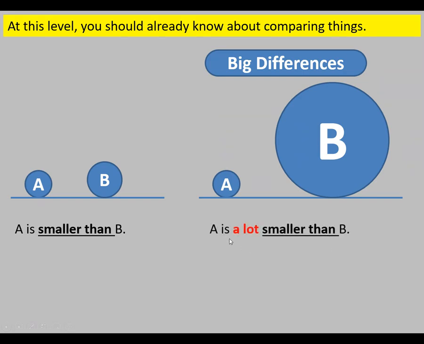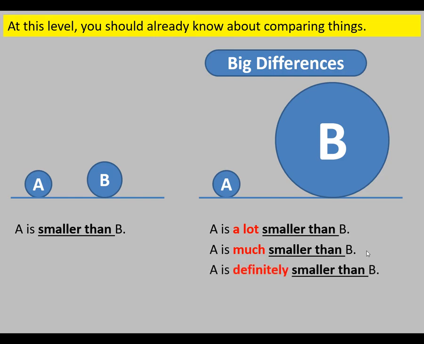You could say A is a lot smaller than B. Or you could say A is much smaller than B. Or A is definitely smaller than B. Or A is considerably smaller than B. So when you do this, you are emphasizing the difference.